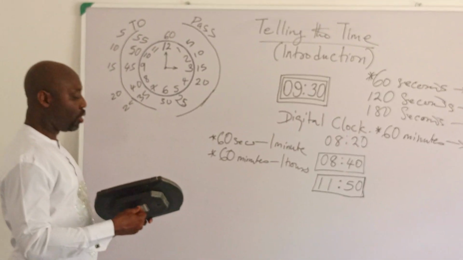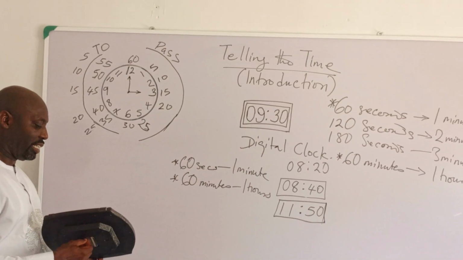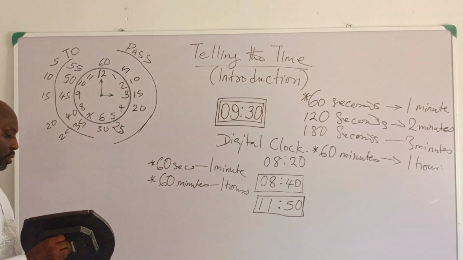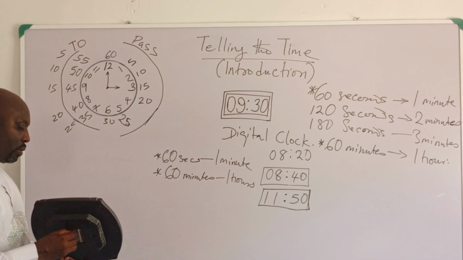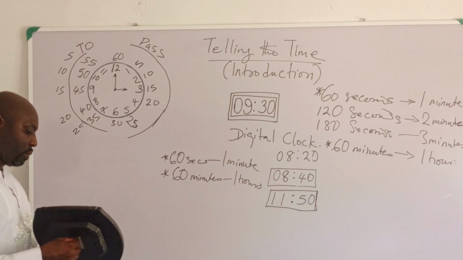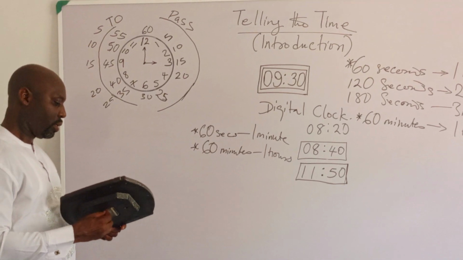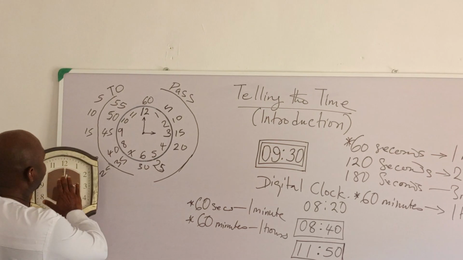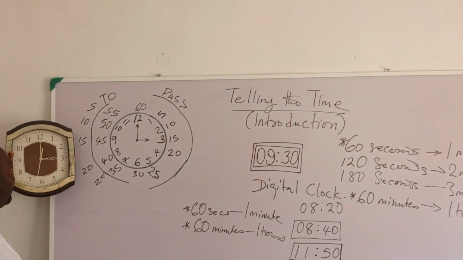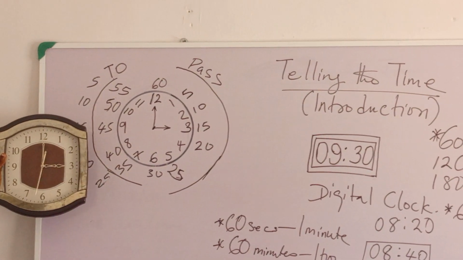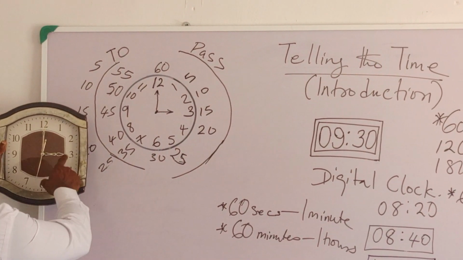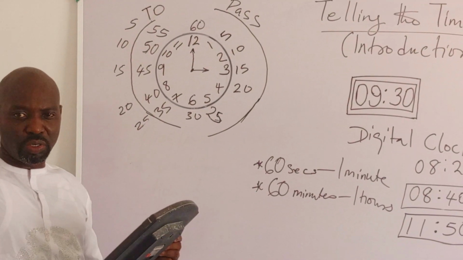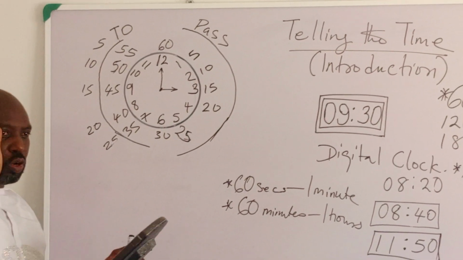So what I have on the board there is 3 o'clock, right? Yes. The long hand is pointing at 12 and the short hand is pointing at 3. How many of you have heard about 3 o'clock? 4 o'clock.